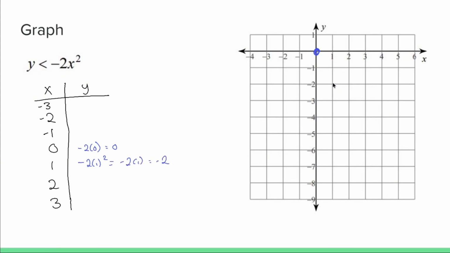So 1 gives negative 2, and negative 1 gives negative 2. Let's do the same for 2: negative 2 times 2 squared is negative 2 times 4, which is negative 8. So if 2 gives negative 8, negative 2 gives negative 8. I am not going to bother plugging in 3 because the number's too big.